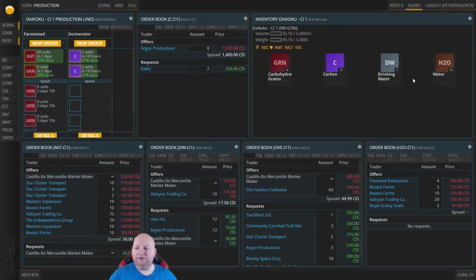We have our inventory here, which again we could shrink that down. We could break this down into, if we got rid of the carbon, which we don't need the carbon prices because we're selling it, so we don't need you there.